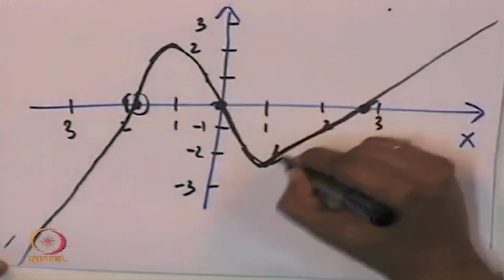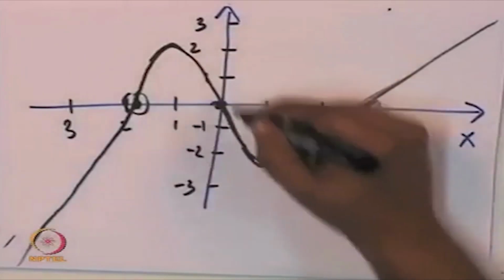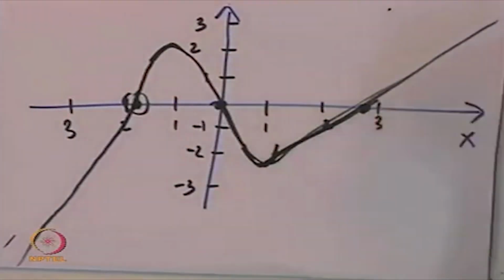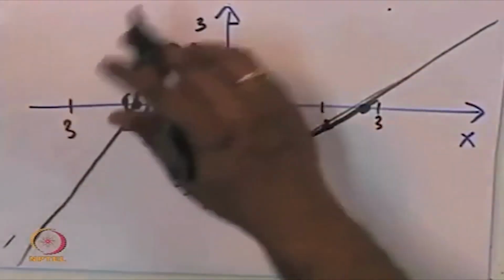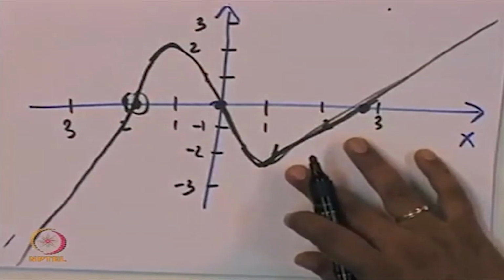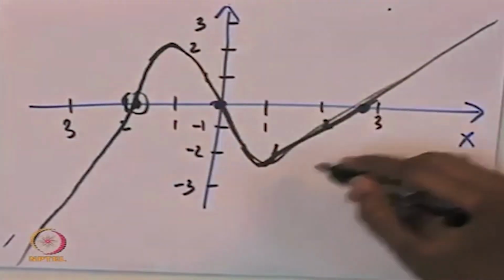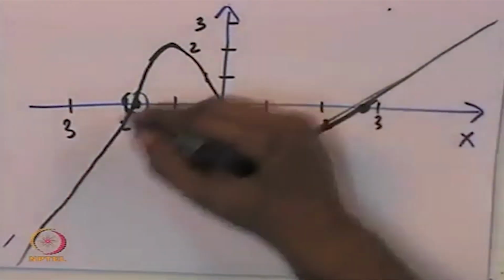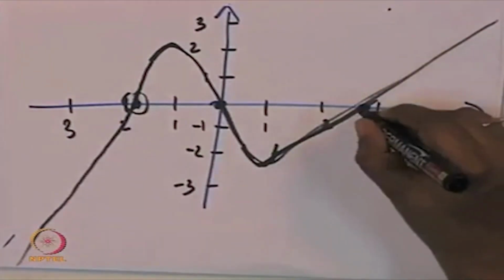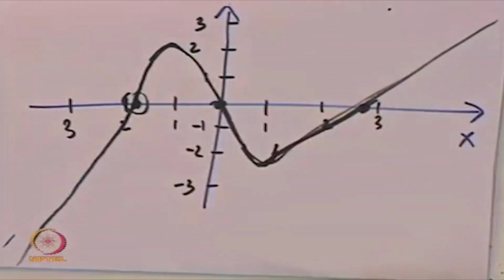So, the function should look like this: one maxima, one minima, and at either end it should go to infinity, and these are the points where it should hit 0.